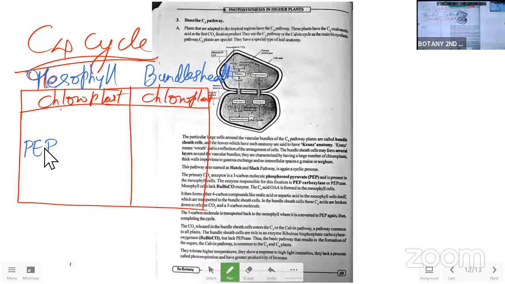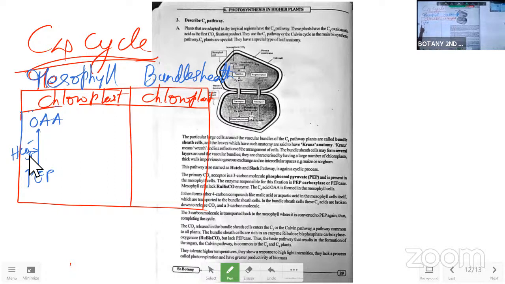It first accepts carbon dioxide in the form of HCO3 minus and converts itself into oxaloacetic acid, a 4-carbon compound.